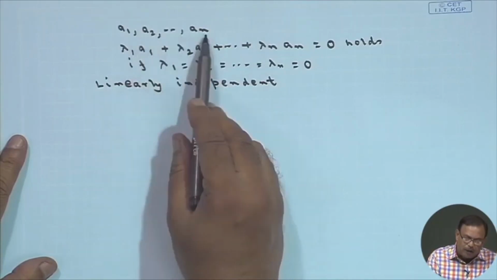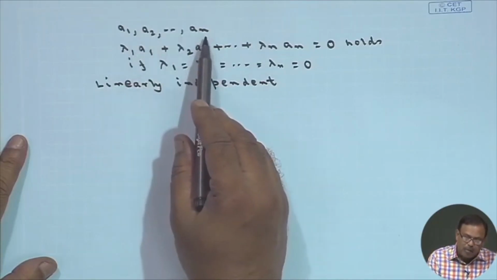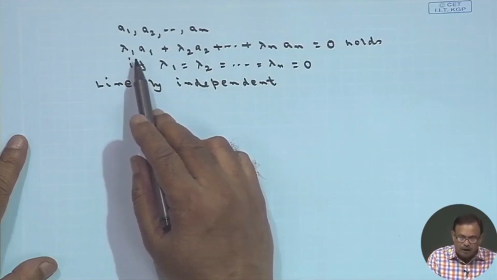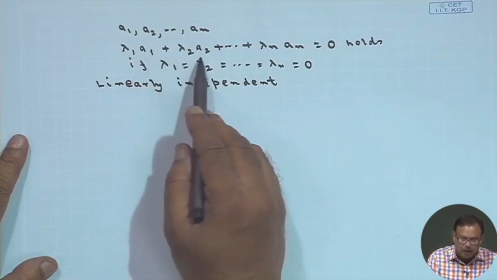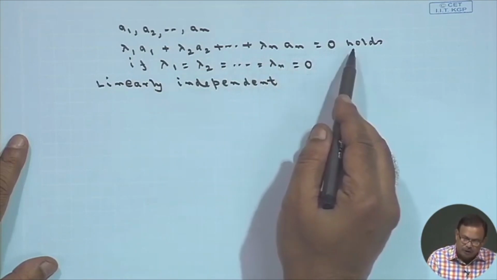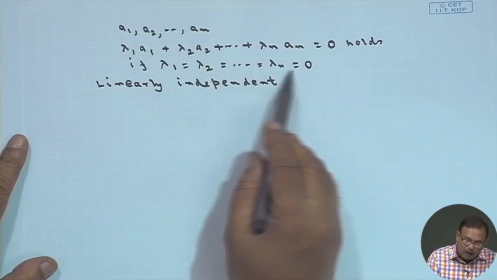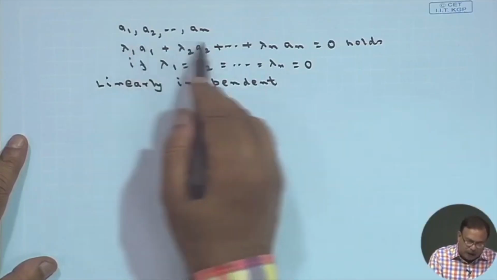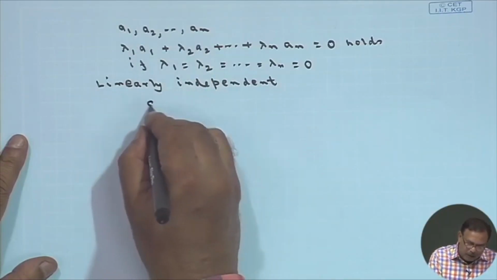A1, A2, ..., An will be linearly independent if for some scalars lambda i, we get an equation like lambda 1 A1 plus lambda 2 A2 plus lambda n An equals 0, and this holds only if all these scalars vanish.